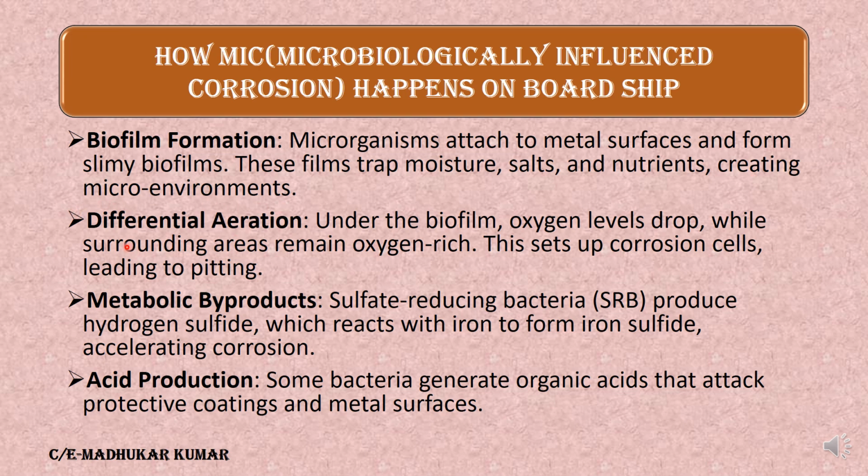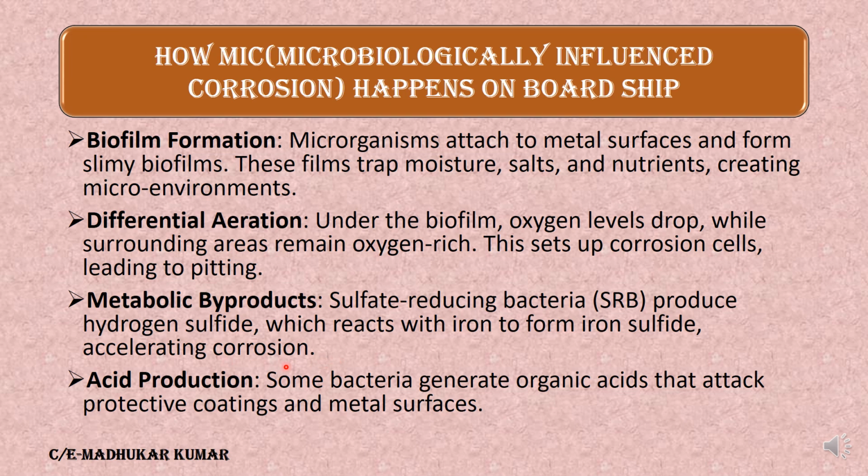It causes differential aeration. Under the biofilm, the oxygen level will drop because it is consumed by them, while the surrounding areas remain oxygen rich. So there is differential aeration, and this causes the formation of a corrosion cell, leading to pitting. Then metabolic byproducts: sulfate reducing bacteria, SRBs, produce hydrogen sulfide, which reacts with iron to form iron sulfide and accelerates the corrosion.